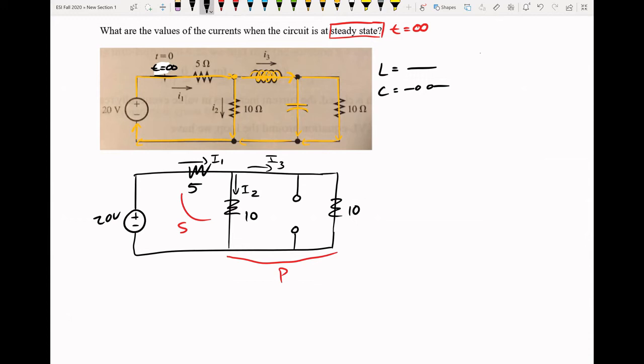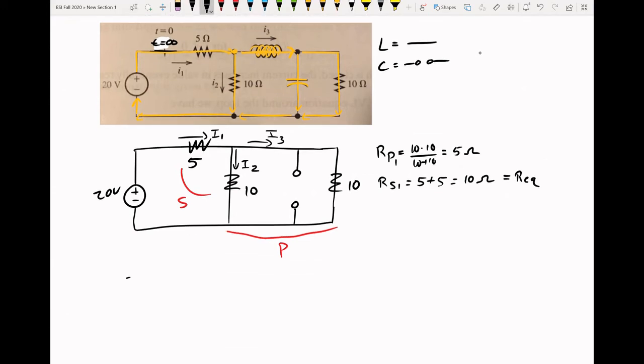R parallel will be 10 times 10 over 10 plus 10, which is 100 over 20, which gives us 5 ohms. Then R series will be 5 plus 5, which gives us 10 ohms, which is equal to R equivalent.